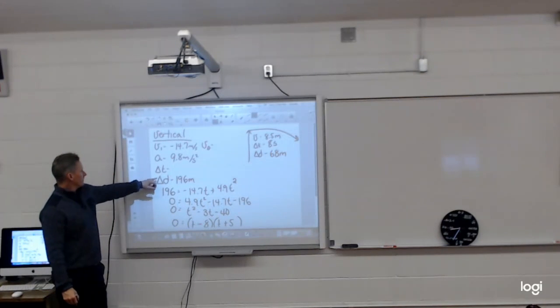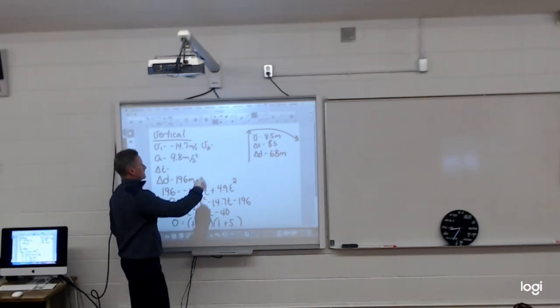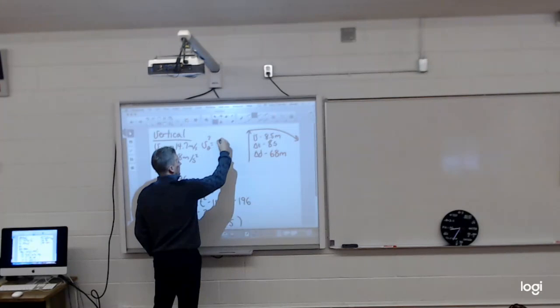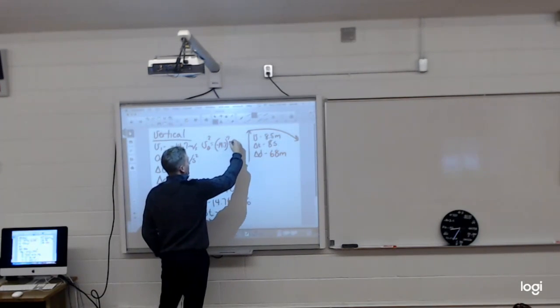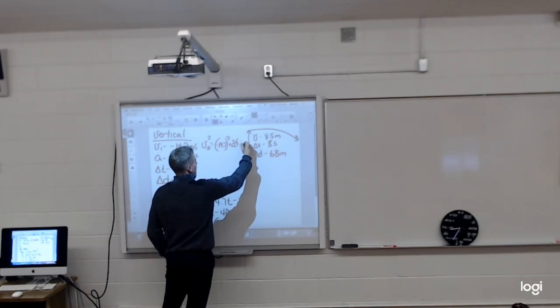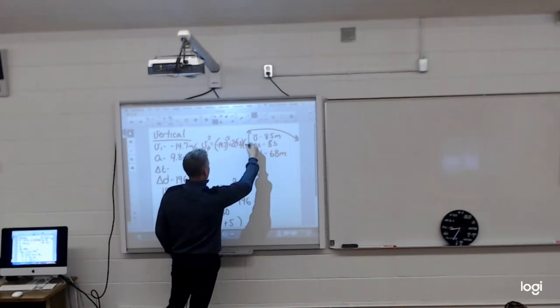And we have the same thing, V2 squared equals. All right, so check this one out. V2 squared equals negative 14.7 squared plus 2 times 9.8 times 196.